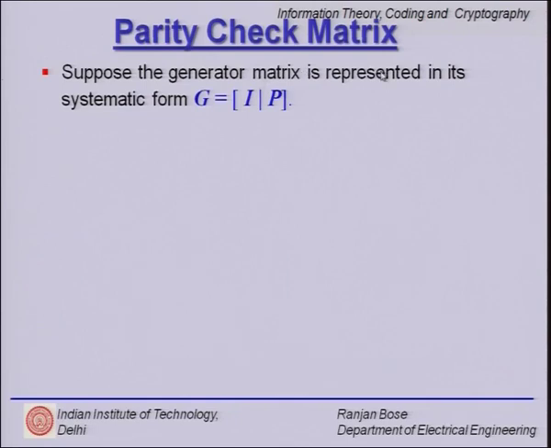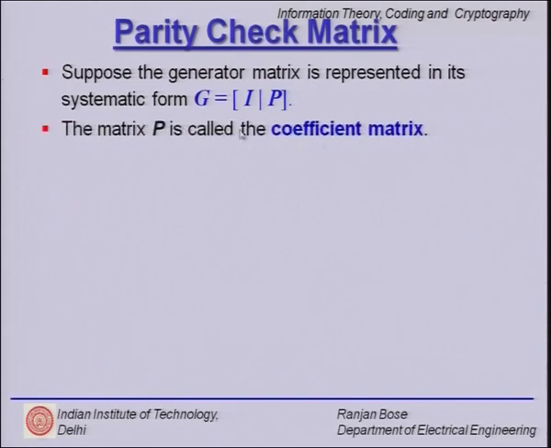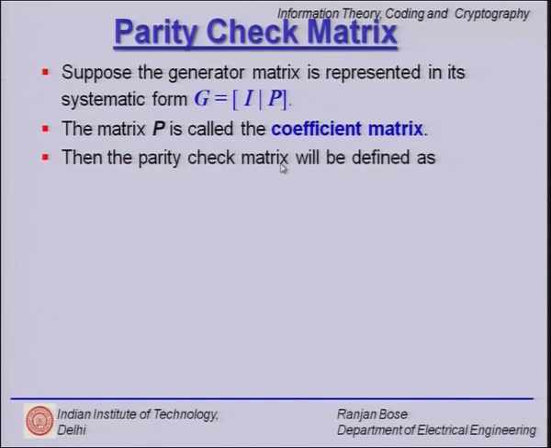So let's just look at a smart way to generate a parity check matrix. We've already seen that the G matrix can be represented in the standard systematic form, an identity matrix and a parity matrix. Right. P is sometimes also called the coefficient matrix, but in general we will call it the parity matrix. So now the parity check matrix can simply be defined as minus P transpose and I, but this I will be n minus k cross n minus k.